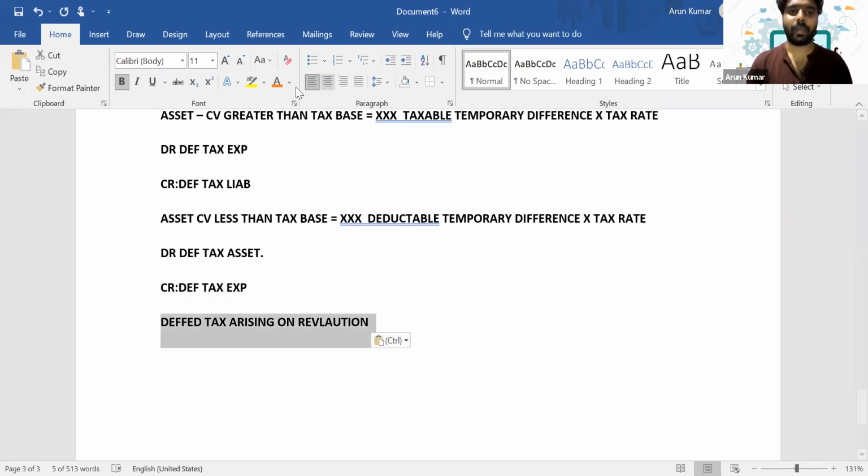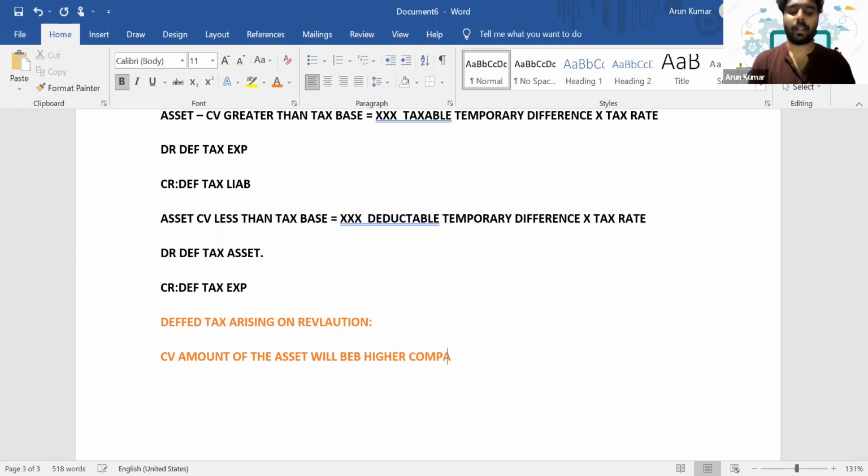The carrying amount of the asset will be higher compared to tax base, right?